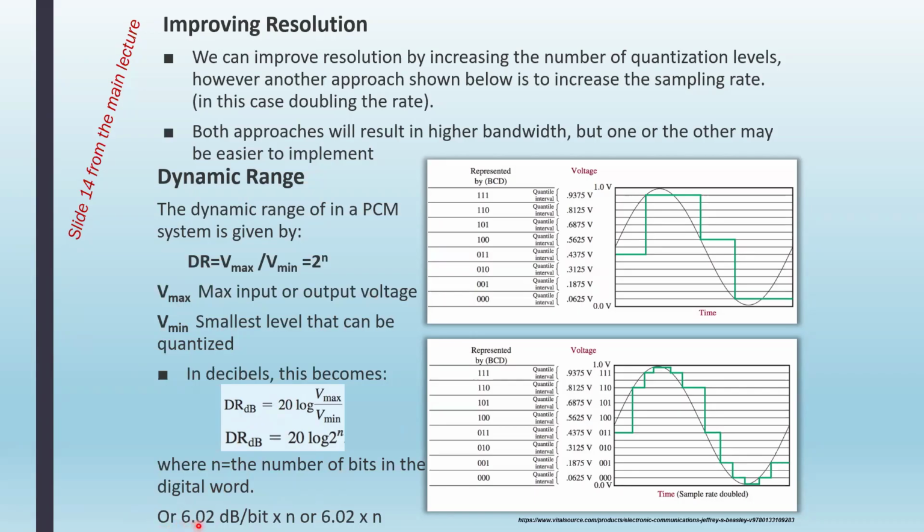So the dynamic range is 6.02 or just 6, which is half the voltage of whatever we have, because we go half this way and half that way, divided by the number of bits, times the number of bits.